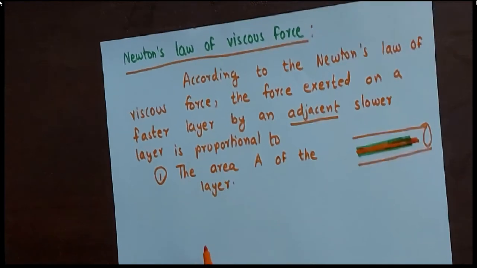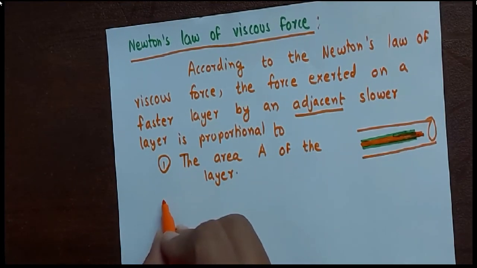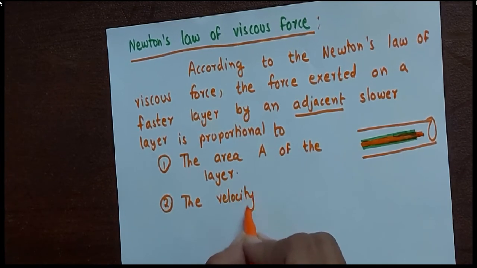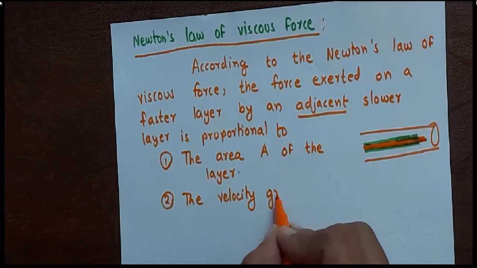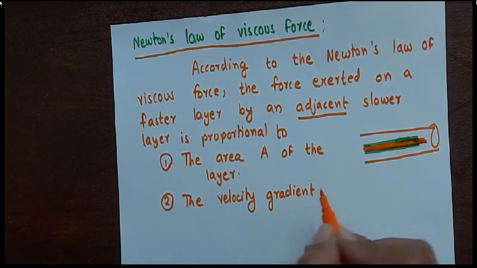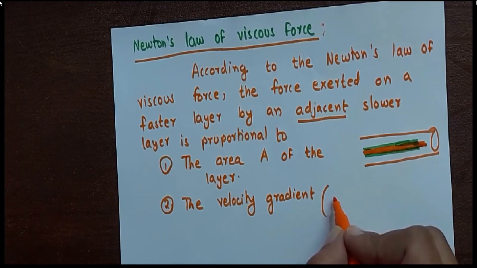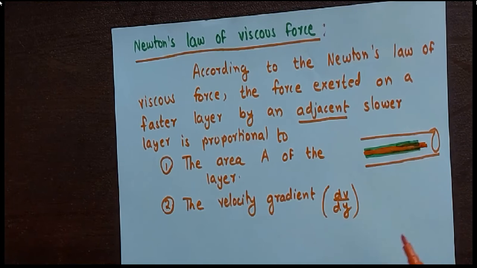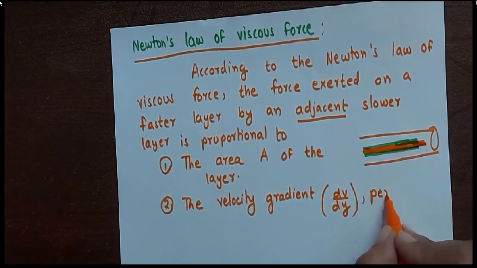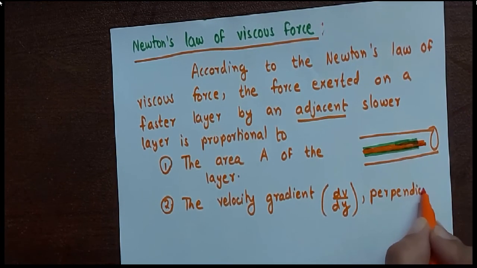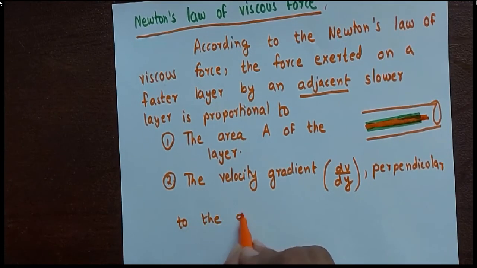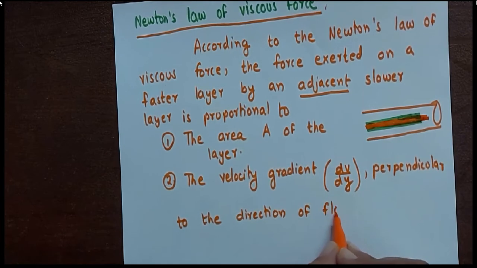First, it is proportional to area A of the layer, and second, the velocity gradient, and here the velocity gradient is given by dv by dy perpendicular to the direction of flow.